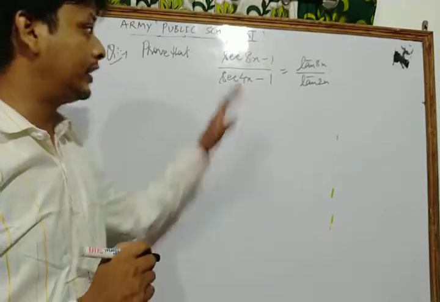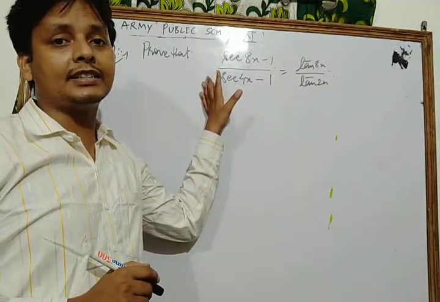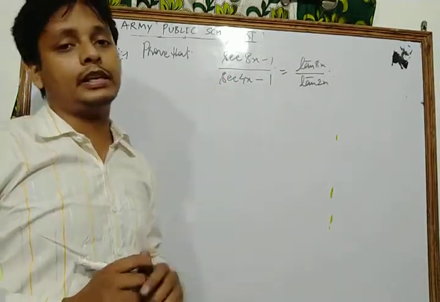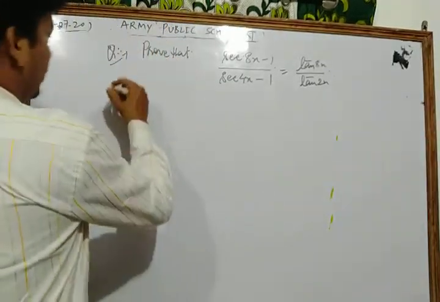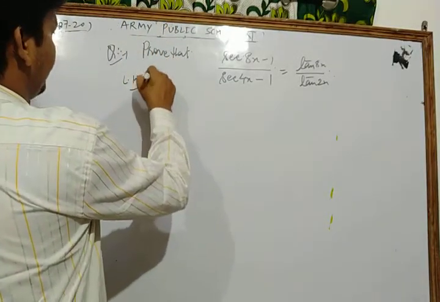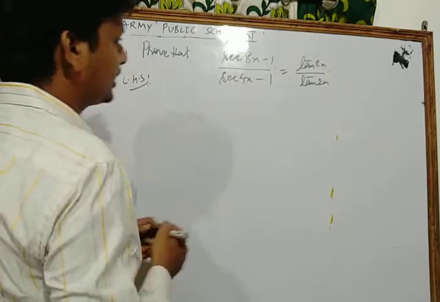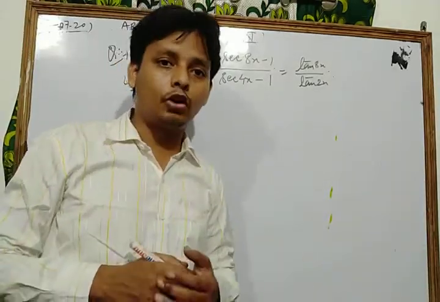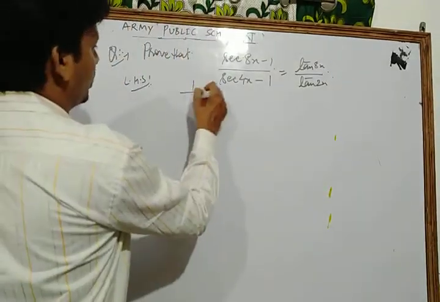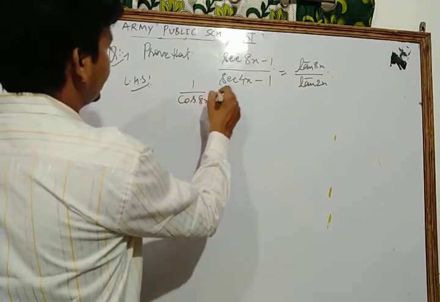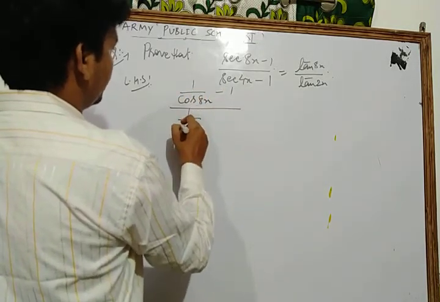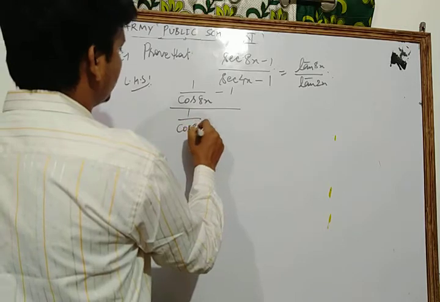This is a very important question of your NCERT exercise, so please see very carefully. First of all, we take the left hand side and convert sec theta in the form of cos theta. So we write 1 upon cos 8x minus 1 in the numerator.